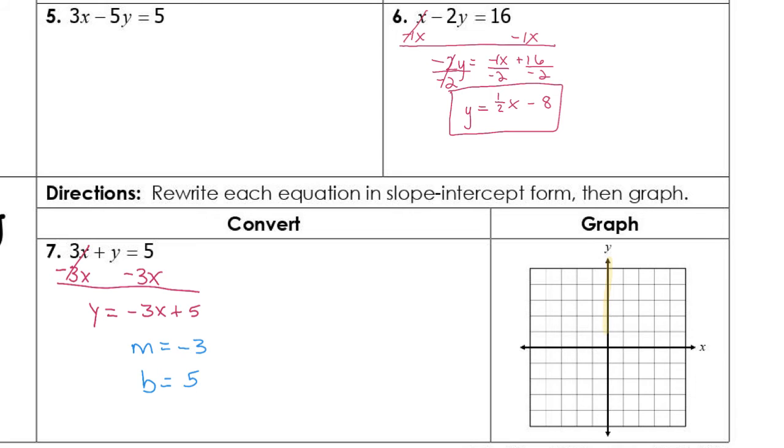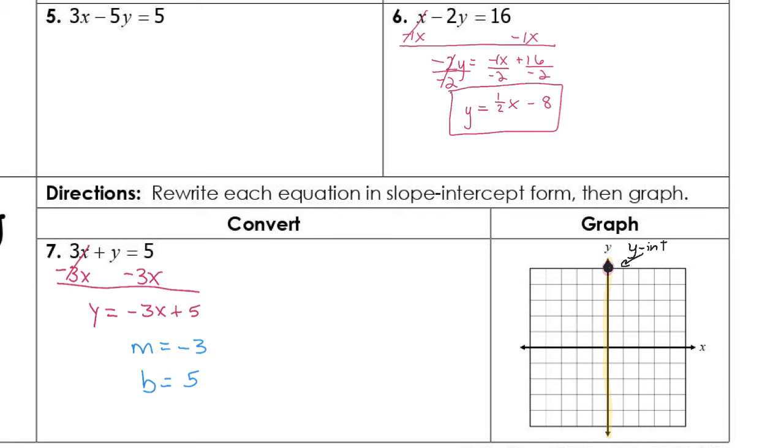So looking at my y-axis, I just have to find where 5 is, and it's going to be right here. So I'm going to go ahead and plot my first point. There, that is my y-intercept, where my line crosses the y-axis.